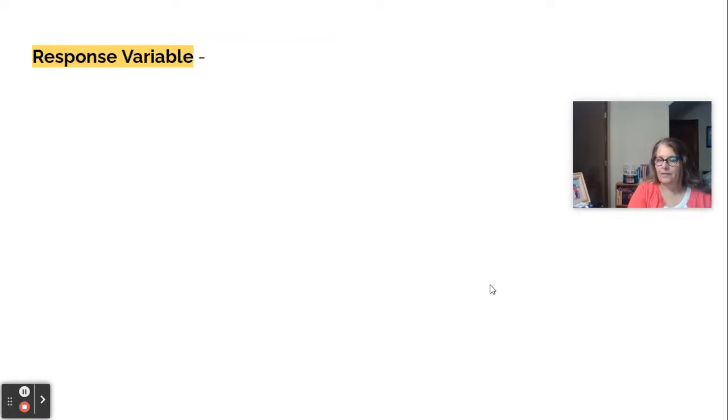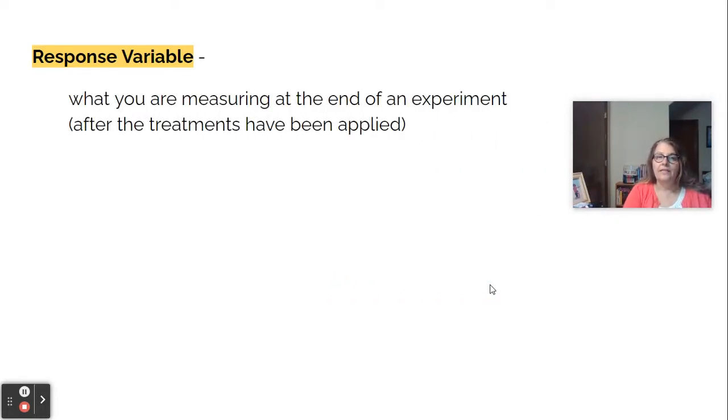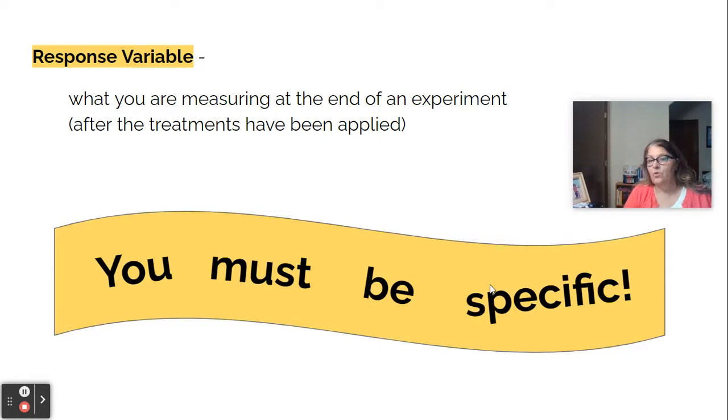The last thing we need is a response variable. A response variable is what you're measuring at the end of the experiment after the treatments have been applied. When you talk about your subjects, your factors, your levels and your treatments, it's always important that you are specific.